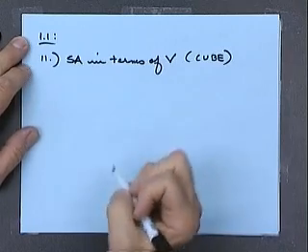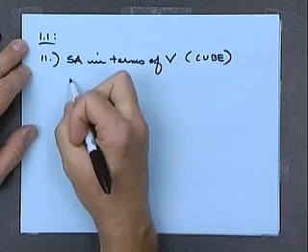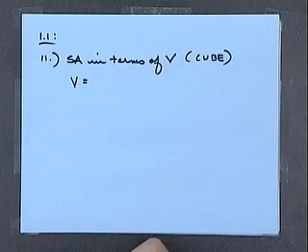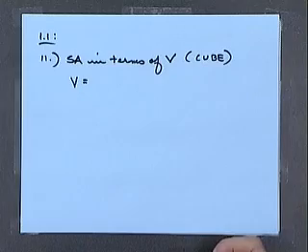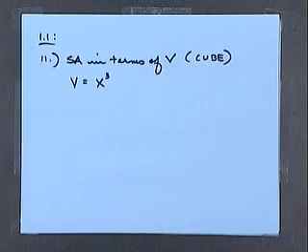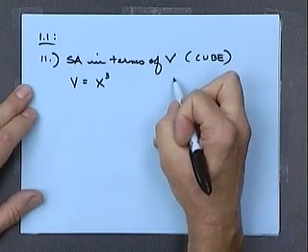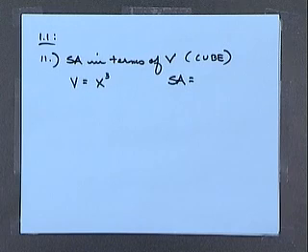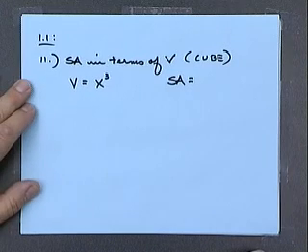So what do we know? Let's start with the volume of a cube. What do we know is the volume of a cube? X cubed. Okay, whatever the side is, cubed, so let's call it x. And over here to the side, what is the surface area? 6x squared.